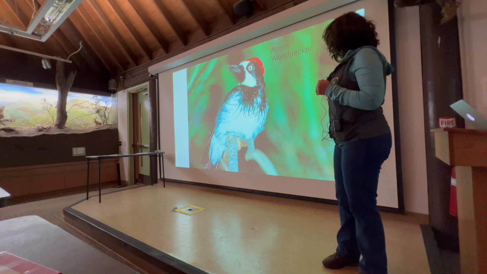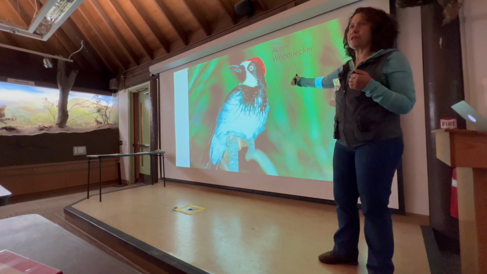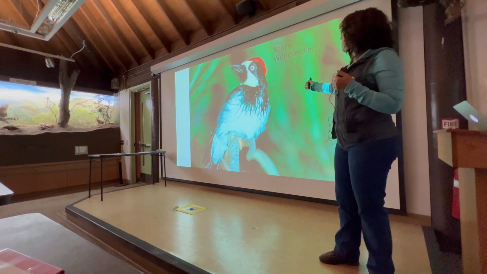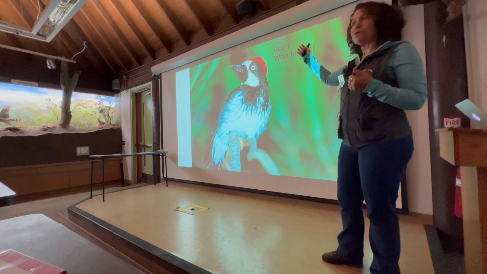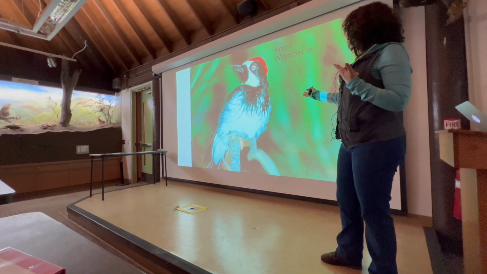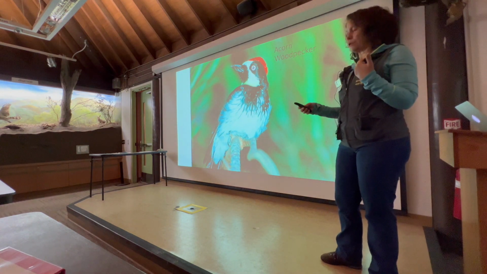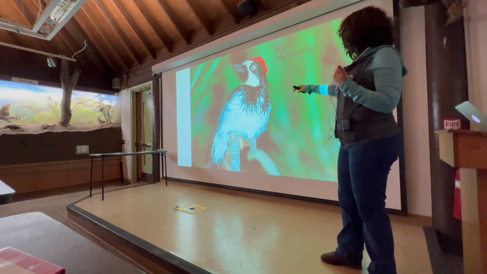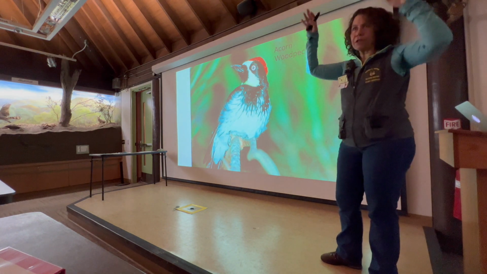Okay, so here's another thing that lives in the park. You've probably seen them around, right? The acorn woodpeckers. They have a bunch of adaptations to their environment, right? They have coloration that matches where they live on part of their body, but they also have signaling coloration, right?